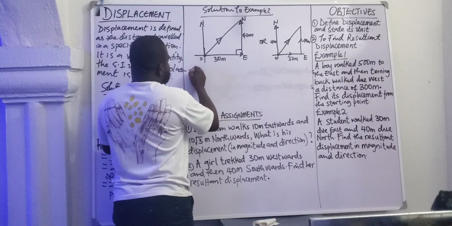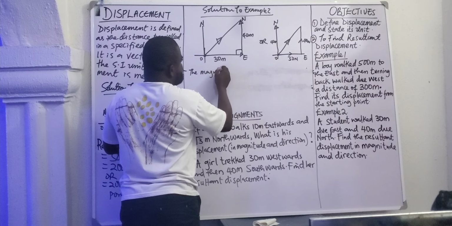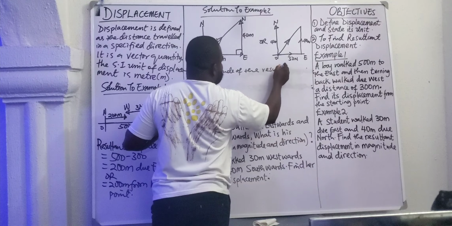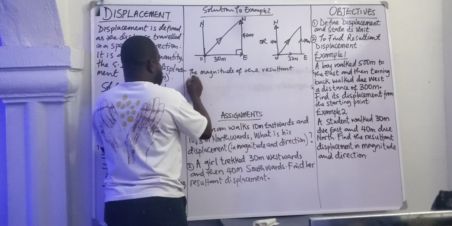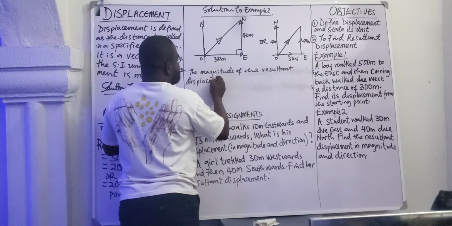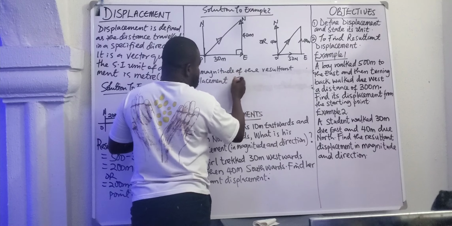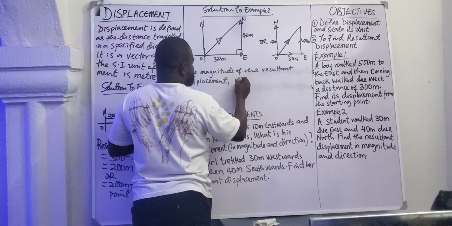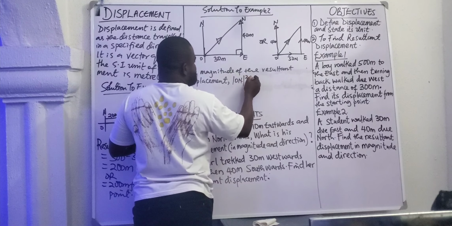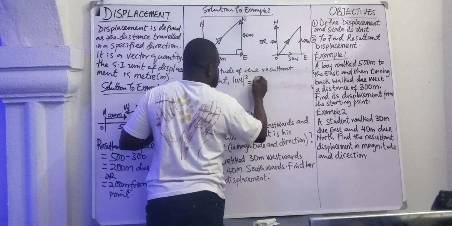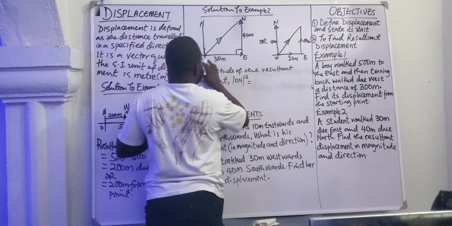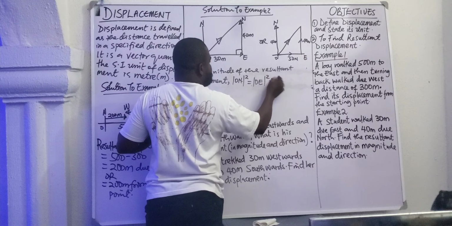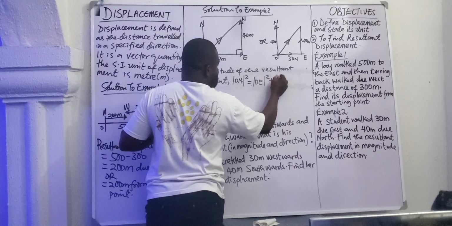So I say the magnitude of the resultant vector, resultant displacement, let's call it line ON, squared, is equal to line OE squared plus line EN squared.